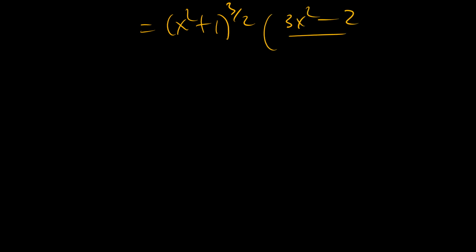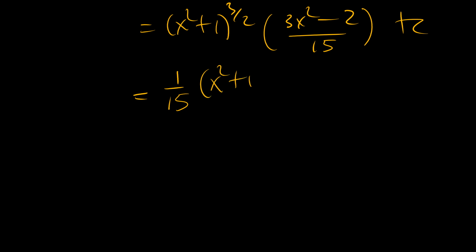So we have x squared plus 1 to the power 3 over 2, and we have 3x squared minus 2 over 15 plus c. So I may be able to say this is 1 over 15 of x squared plus 1 to the 3 over 2, 3x squared minus 2 plus the integration constant.